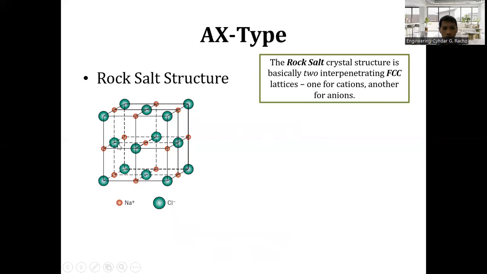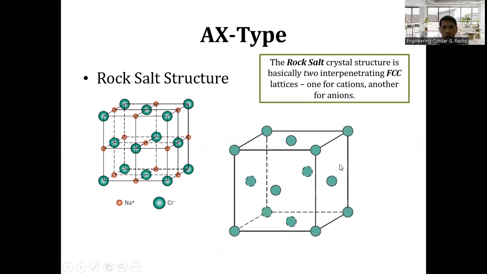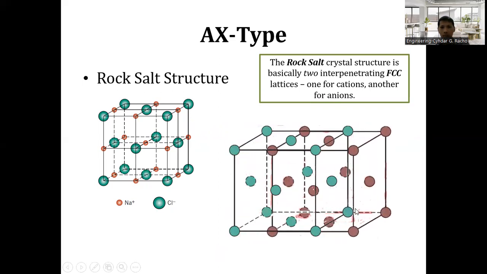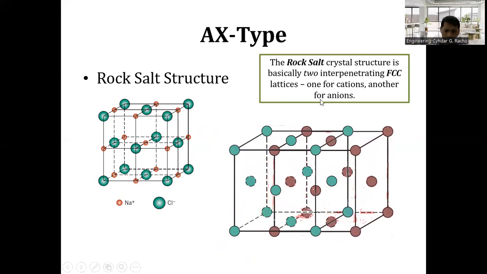If you recall our previous lecture, we were introduced to face-centered cubic, so this is a very familiar one. The rock salt crystal structure is basically two interpenetrating face-centered cubic lattices.